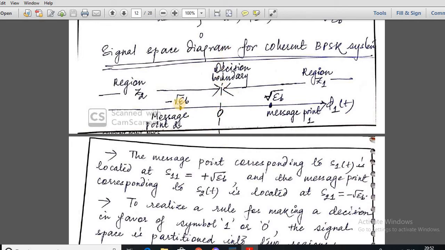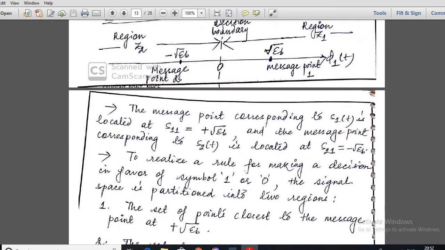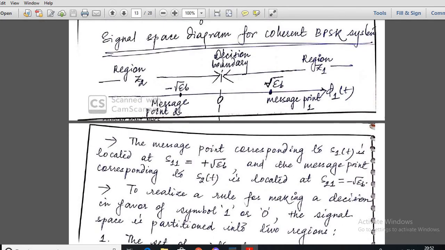So this is minus root Eb, this is plus root Eb, and definitely the decision boundary will run through 0. The region to the left of the decision boundary I call Z1, and the region to the right-hand side of the boundary is region Z2. This is the signal constellation diagram.